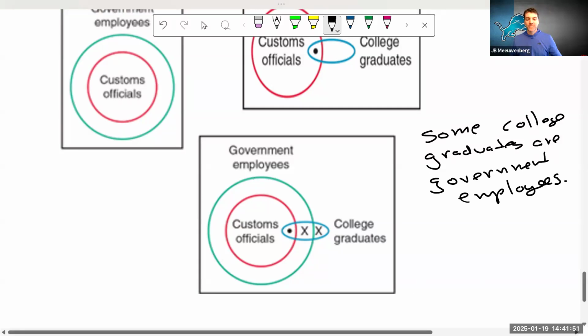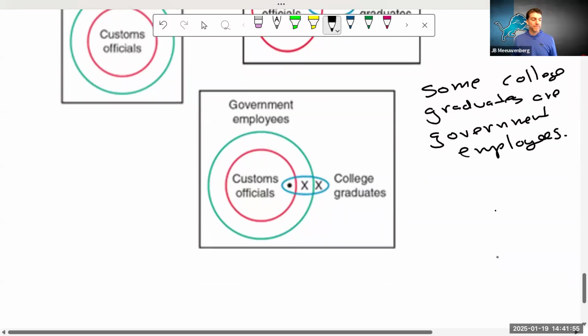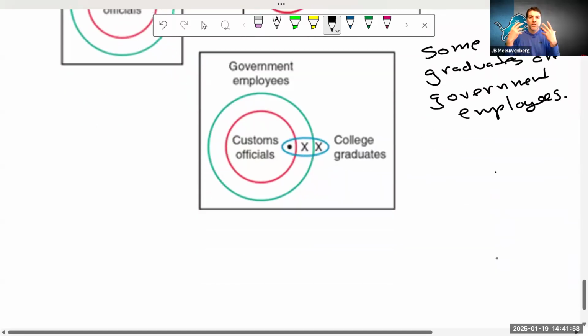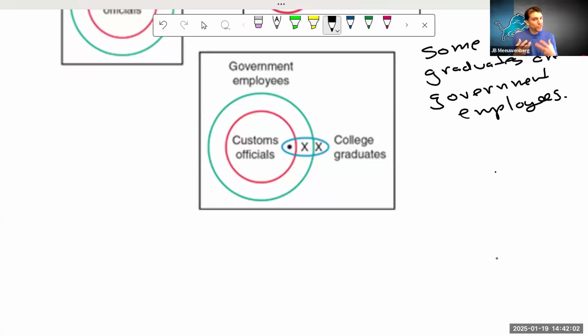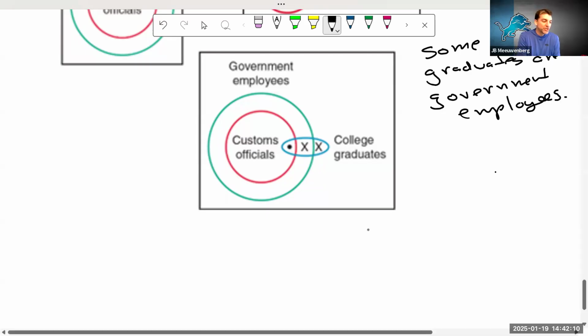And this introduces the idea of invalid reasoning. We want to make sure that we are using valid reasoning. Invalid reasoning would be drawing conclusions that you can't make based on the information that was given. If you drew a conclusion and said, well, I know that there must be a college graduate there, that would be invalid.